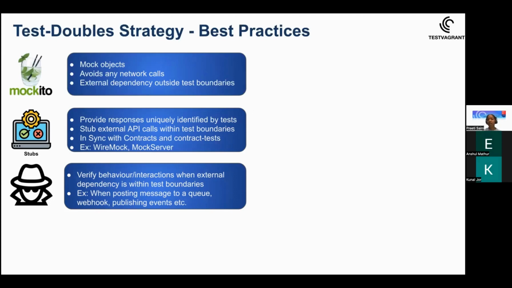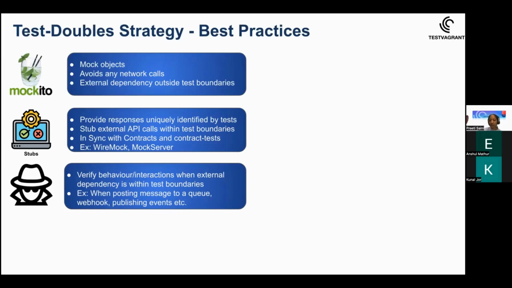For example, you are posting a message to a webhook, which is part of your narrow integration test boundary. To verify whether the right message is being sent out to the webhook or not is quite complex, because you have to enable a test webhook and create a consumer to see what message is being received.